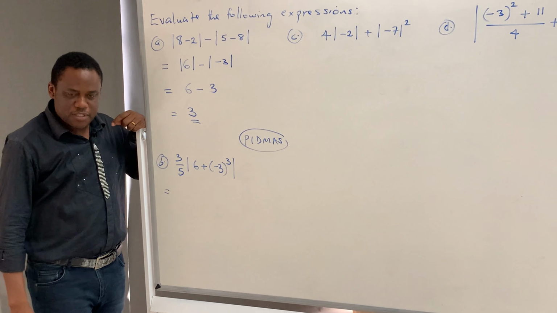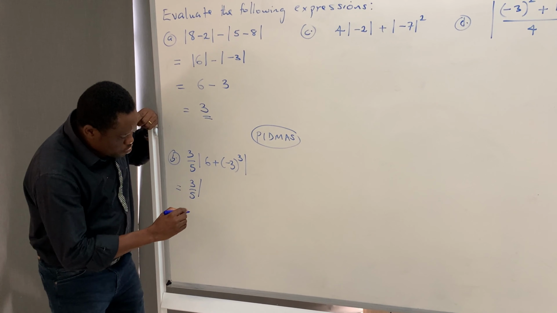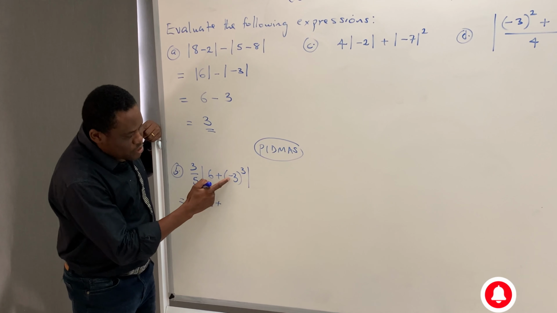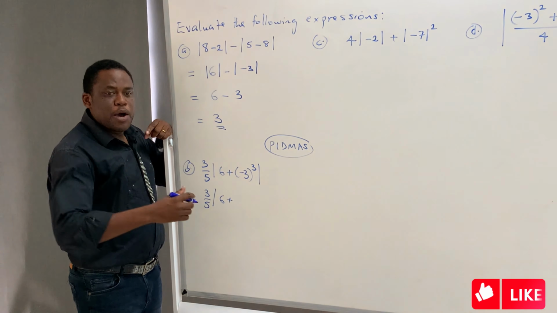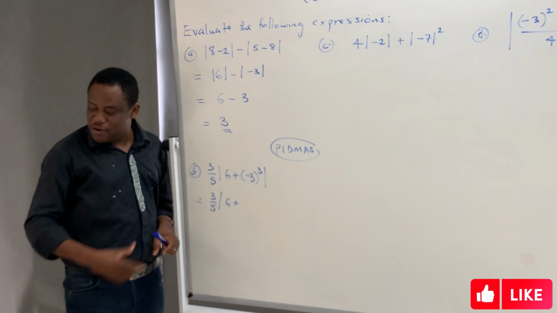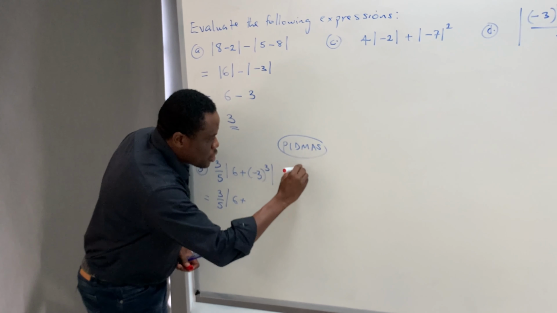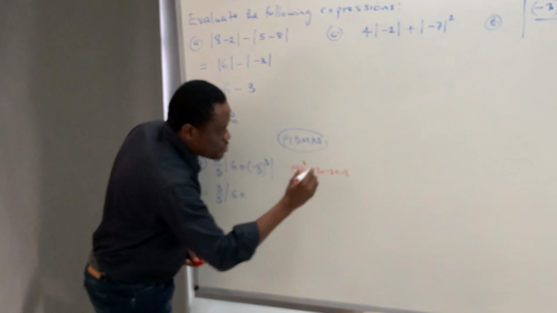Go and deal with parentheses first. So, just write 3 by 5, the modulus of 6 plus what is minus 3 cubed. Minus 3 cubed means minus 3 times minus 3 times minus 3, right?